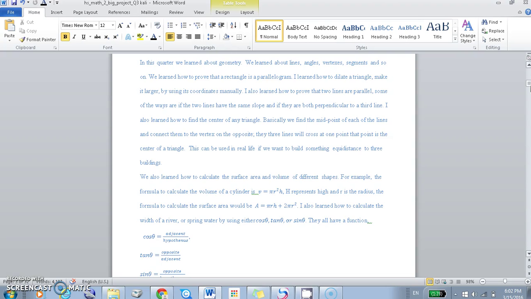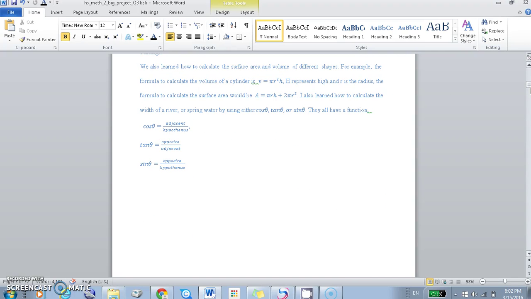And I also learned how to find the width of a river or a spring using either cos, tan, or sin. Cos is adjacent over hypotenuse, tan is opposite over adjacent, and sin is opposite over hypotenuse.